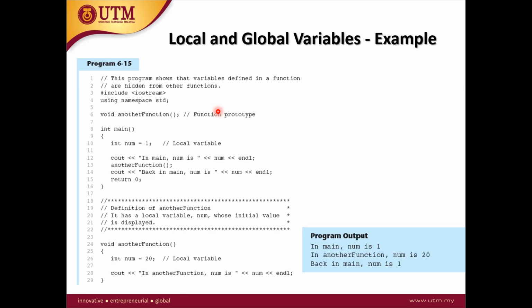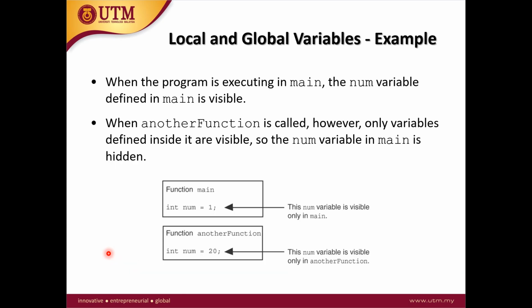Let's see, in the main function we've got int num equals 1, and in another function int num equals 20. In the main function, num is holding one value, while in the other function num is going to be 20. So they are totally different.